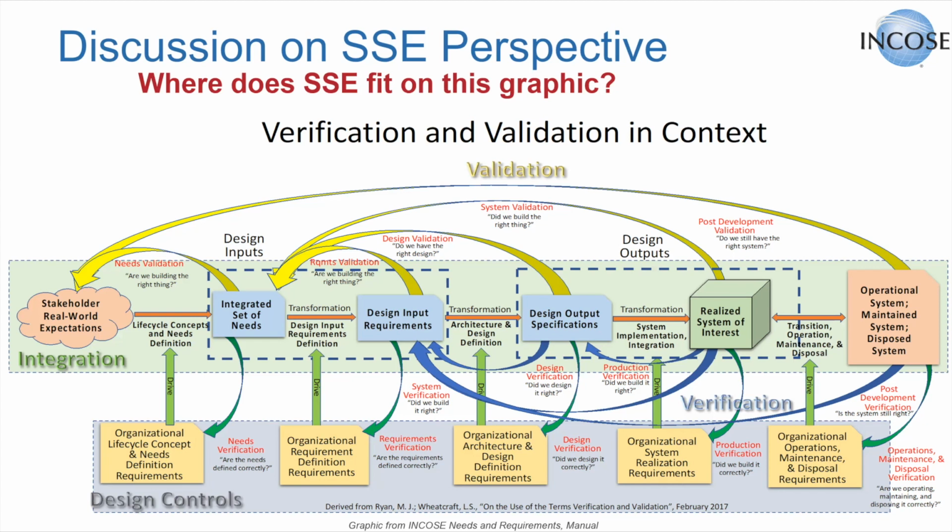So one of the things that we'd have to do when we're talking about system security is address within the organization what are requirements on the organization that's doing all these transformations when it comes to system security. And so there's really two sets of needs and requirements, one on the system of interest, but also one on the organization producing that system of interest.